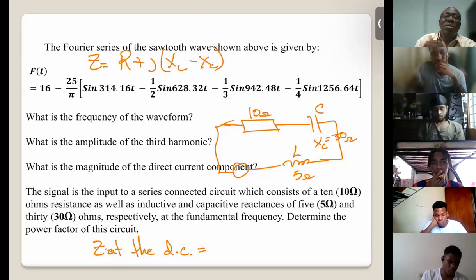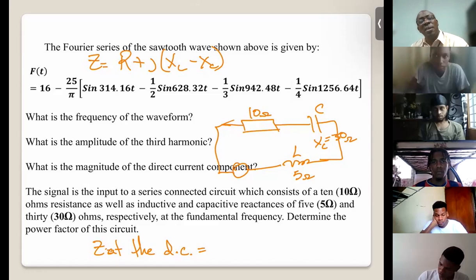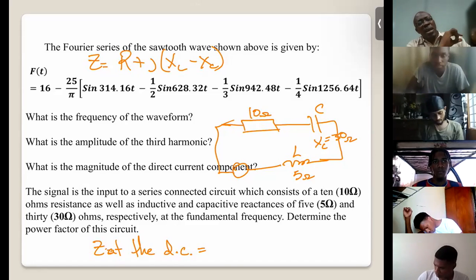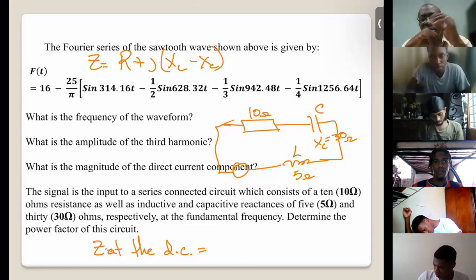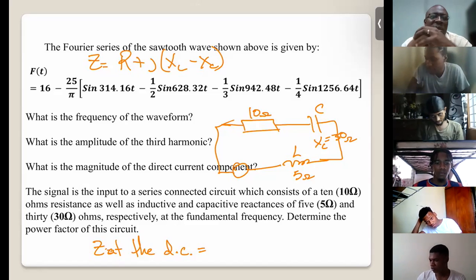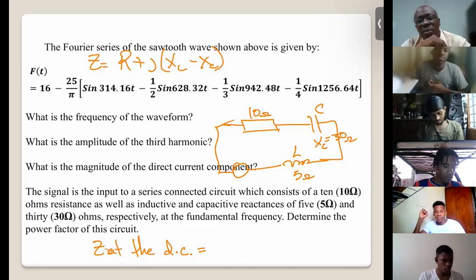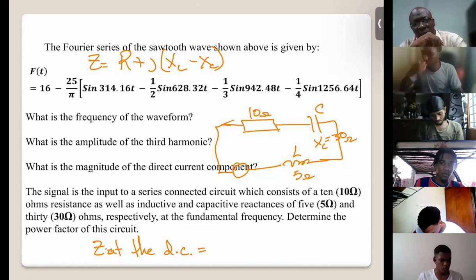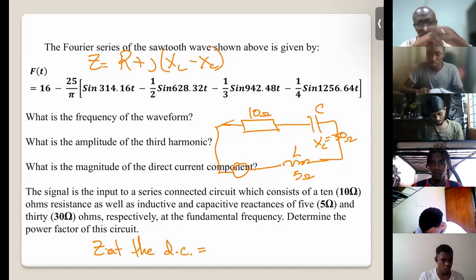Just as we have done today, we look at the DC, the fundamental, then the second, then the third, then the fourth harmonic. You're going to do that and write out the complete expression for the current. And then next week, God willing, we'll come back, we'll look at power associated with complex waves, and then we can finish that last section, which deals with power factor.